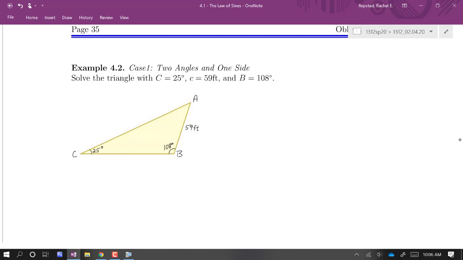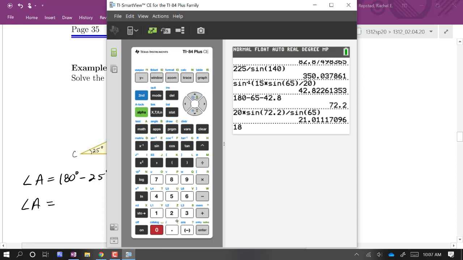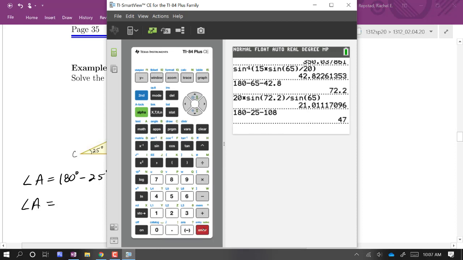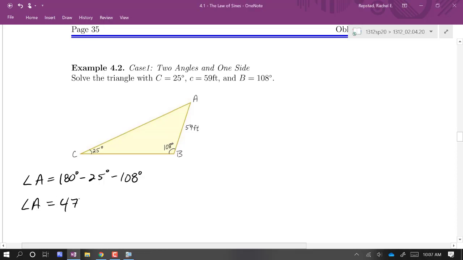So we'll start by finding angle A. Let's get 47 degrees for angle A. Notice there's no risk.